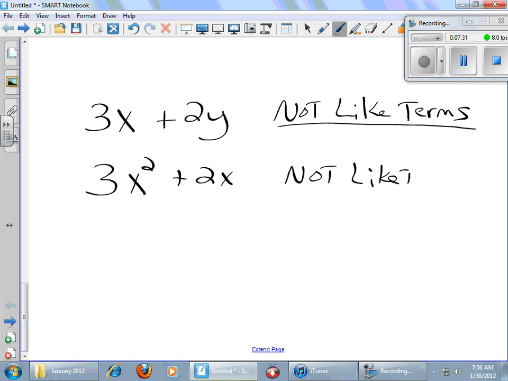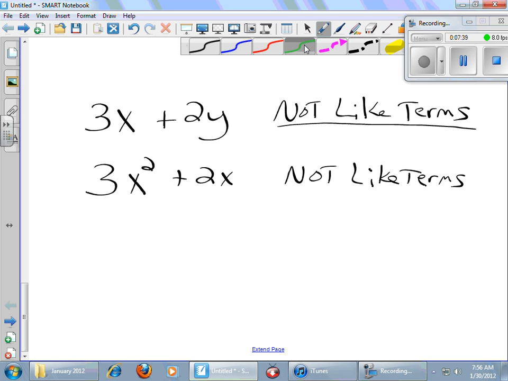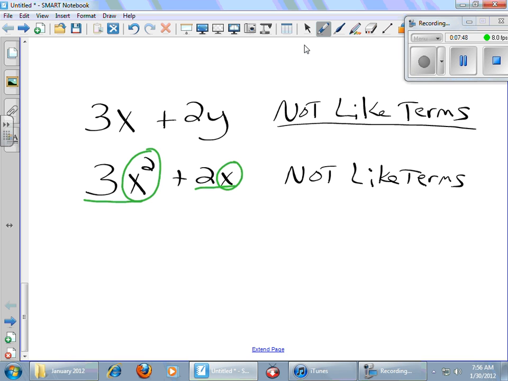Now, Quinn is saying to himself, no, Mr. Lawrence, they're both x's. No, Quinn, I disagree. I think that this term has 2 x's, but this term has 3 x squareds. And x's and x squareds are not necessarily the same thing.